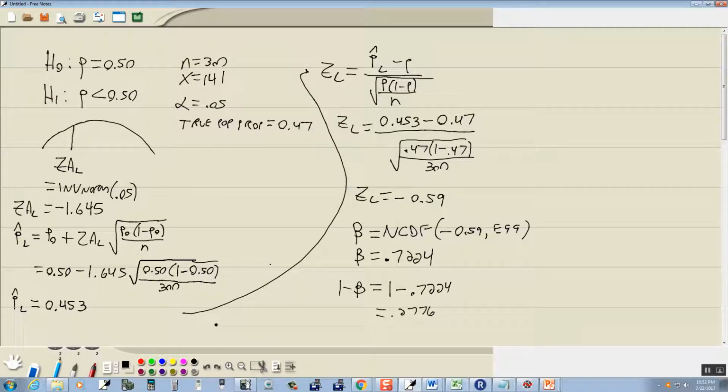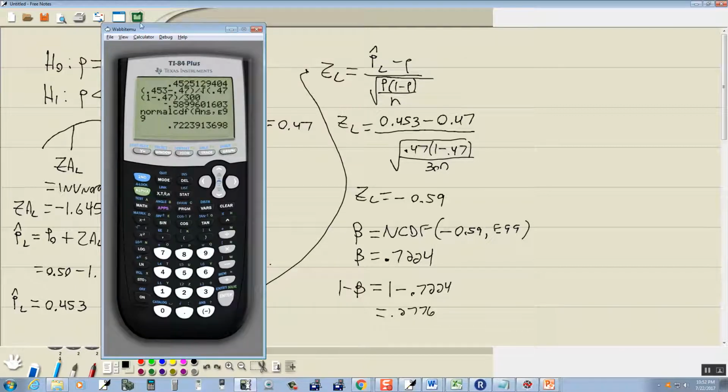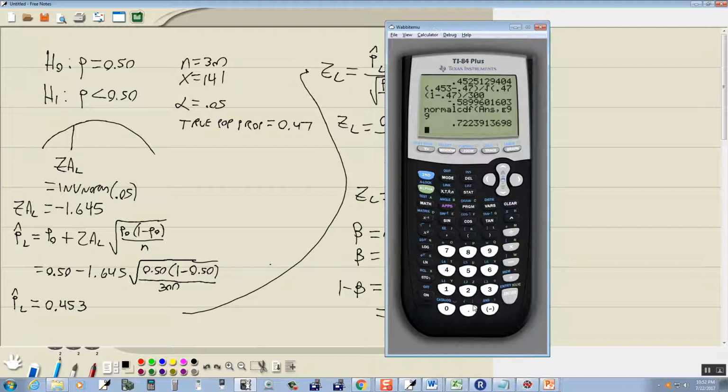So if I come back to here, let's see what that's equal to. We have 0.5 minus 1.645 times the square root of 0.5 times 1 minus 0.5, which is 0.5, divided by 300. And we get 0.4525.